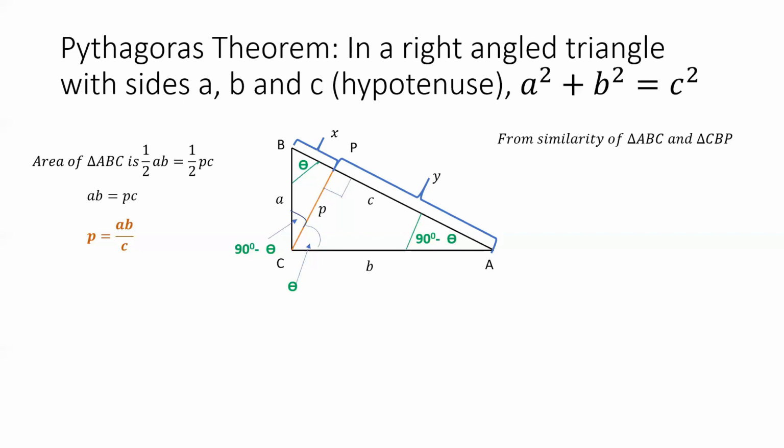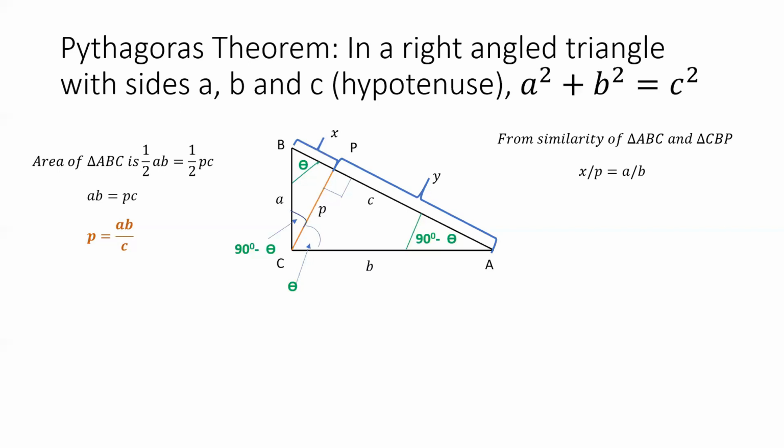So from similarity of the triangle ABC and triangle CBP, we basically have x by p is equal to a by b. So x is the shorter of those two arms of the right angle triangle CBP, right?